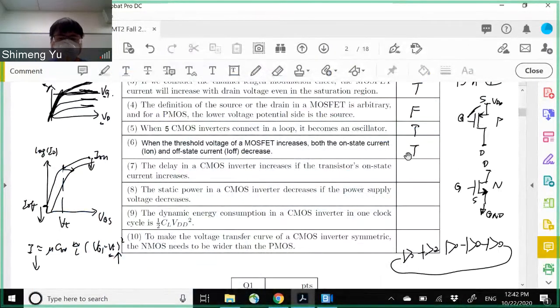Number 7, the delay in a CMOS inverter decreases if the transistor on current increases. So how about this one? The delay.